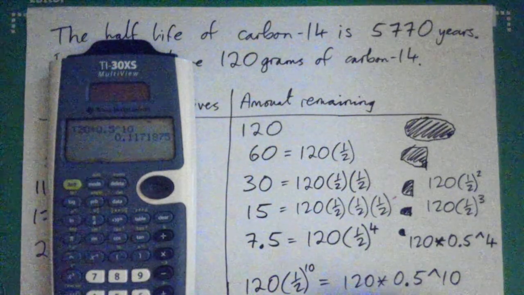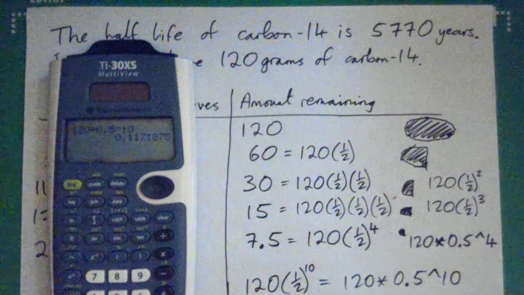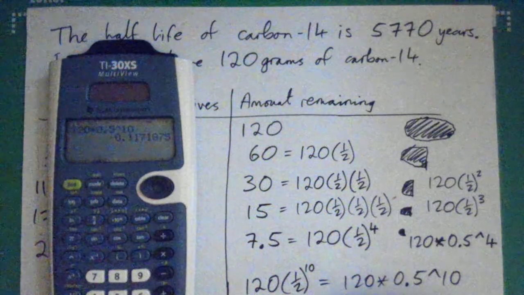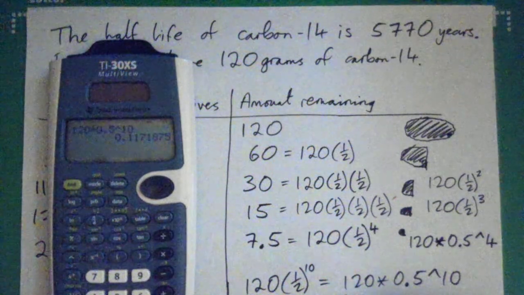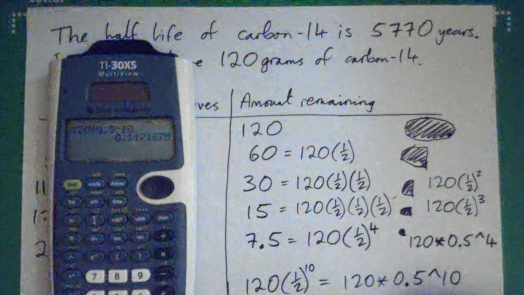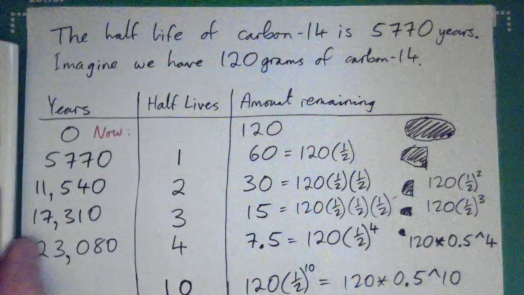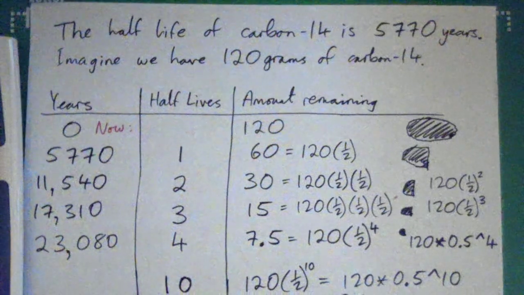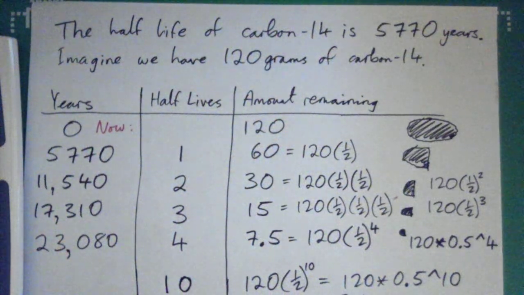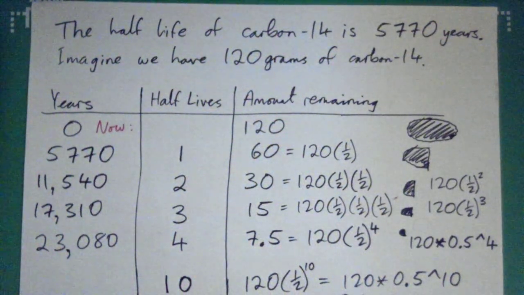Yep, and we'll round that to the nearest decimal point, so we'll call that 0.1 grams. So about 0.1 grams. And how many years is 10 half-lives, by the way?